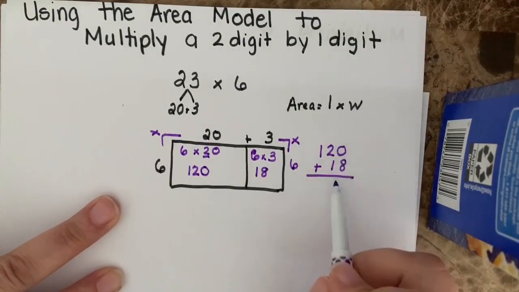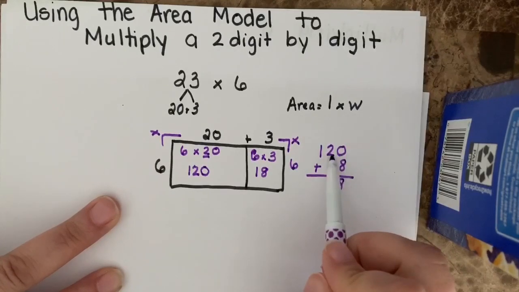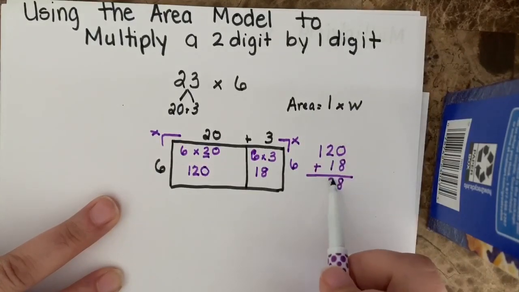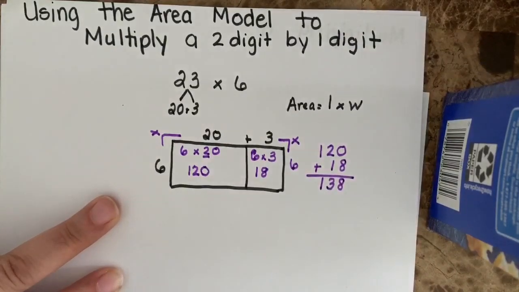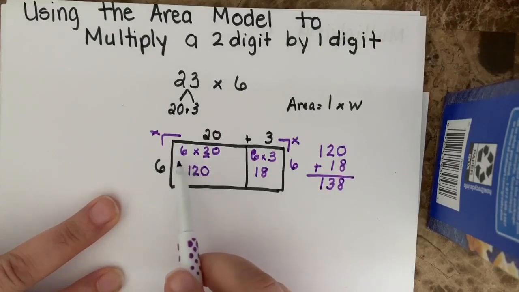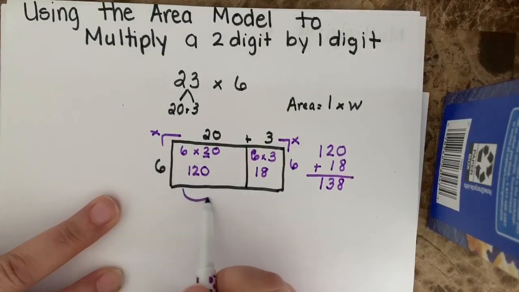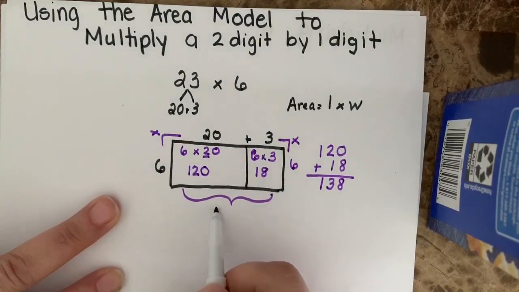So I've got 0 and 8 is 8, 20 and 10 is 30, and I have 100. So my final answer is 138. So 23 times 6 has a final product of 138.